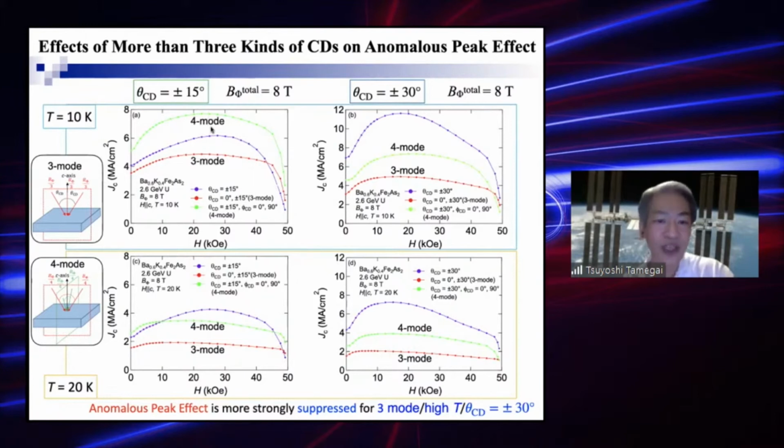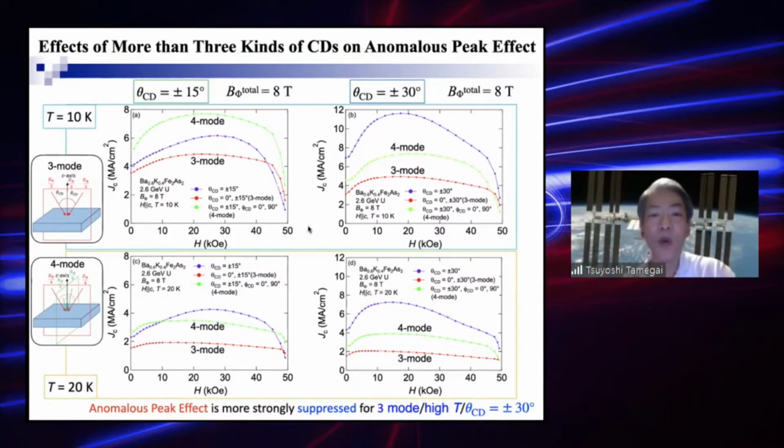Although the JC value is higher, the feature is suppressed. And also, when we go from 10 to 20K, the same peak feature is probably suppressed. Anyway, the presence of third or fourth columnar defect species suppresses the peak effect.